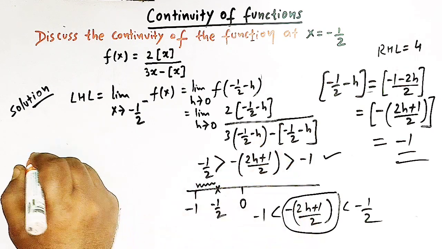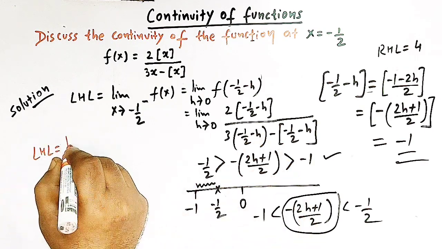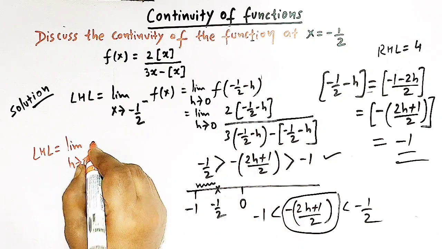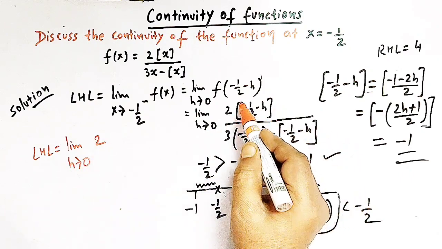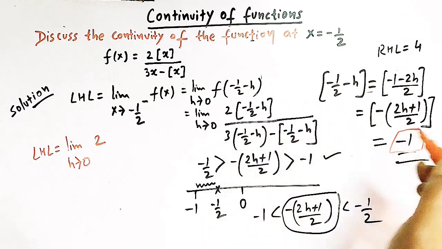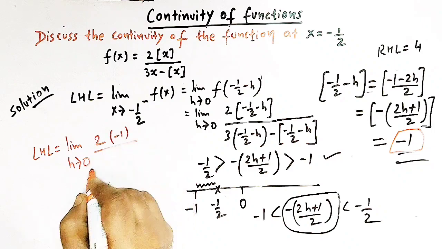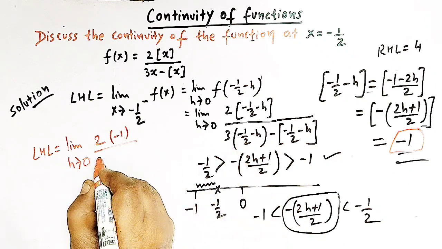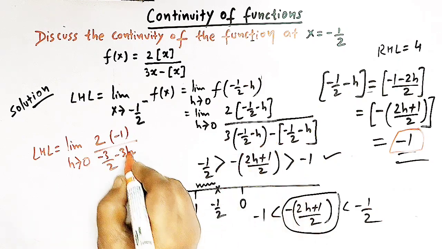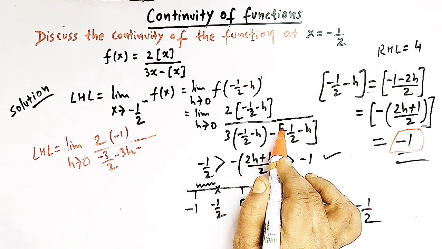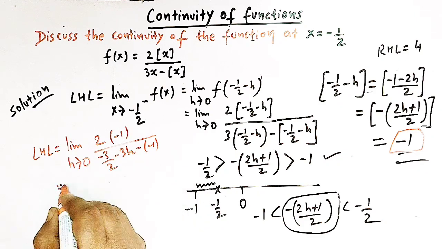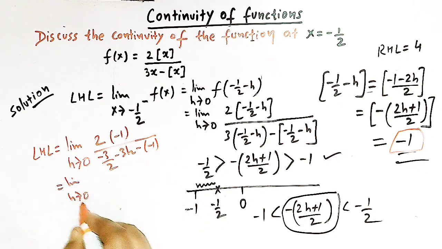So now we can write this limit as limit h tends to 0, and here we have 2 times greatest integer of minus half minus h, that is equal to minus 1. So here we have minus 1, then we have here minus 3 by 2 and minus 3h, and here we have minus and greatest integer of minus half minus h, that is minus 1. So this is limit h tends to 0.